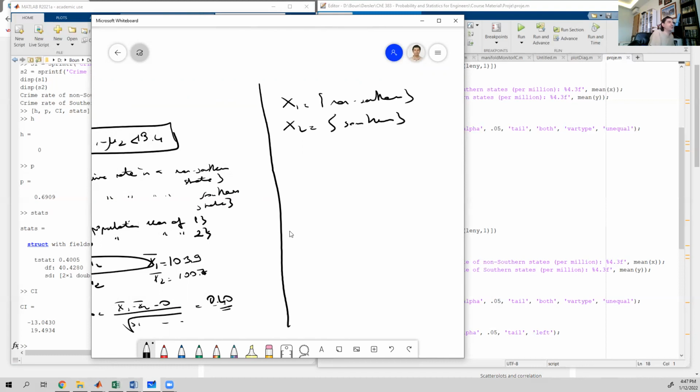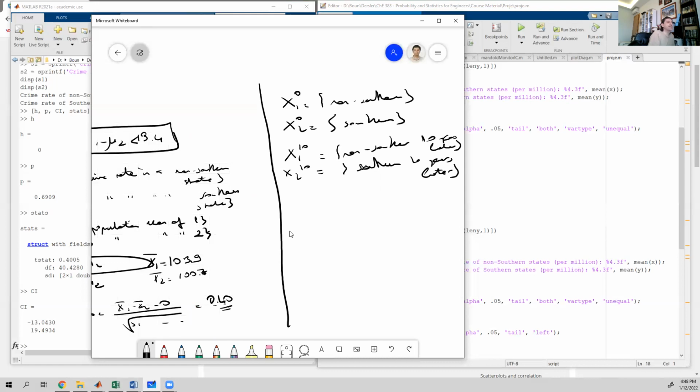But there is another variable here. This is at time 0, and X1 at 10, X2 at 10 also. So this is non-southern 10 years later, and we have the same thing here, southern 10 years later.